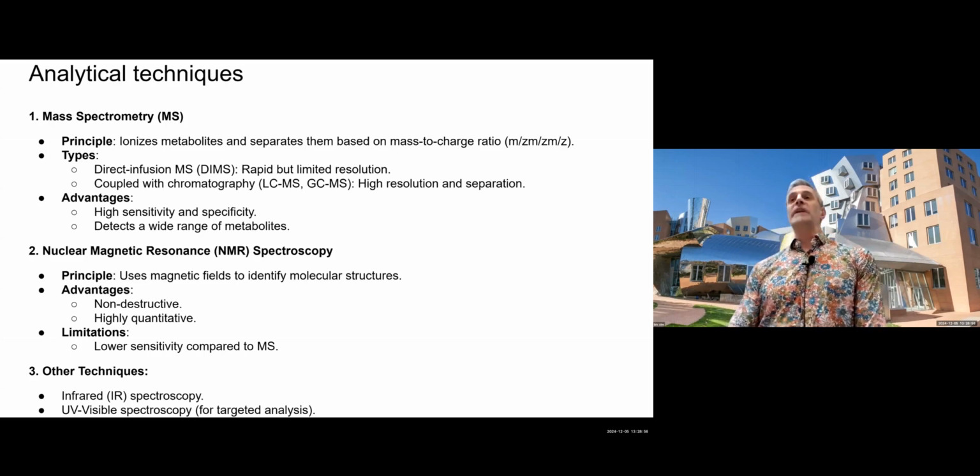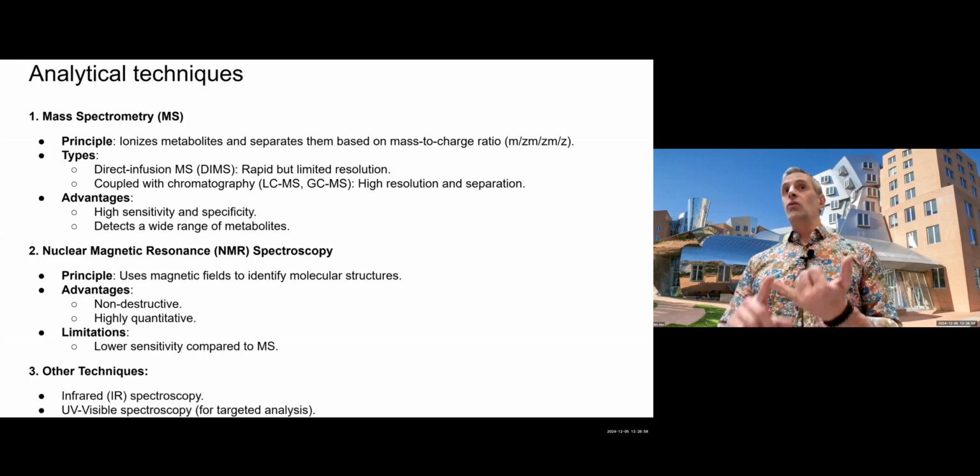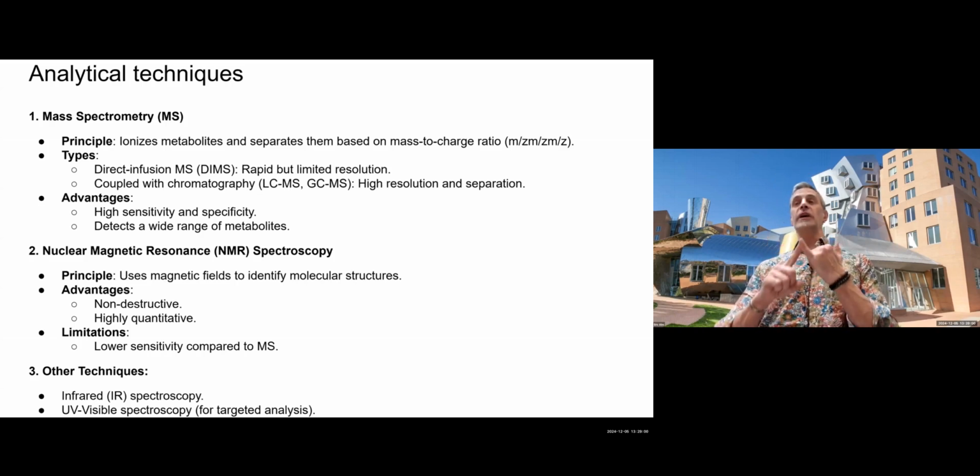We want to know what metabolites are important. So we have to make that decision. Are we looking at what's outside the cell? Are we looking at what's inside the cell? So we can wash off those cells, spin them down, break them open. Are we looking at both? What are the metabolites that we think are important?